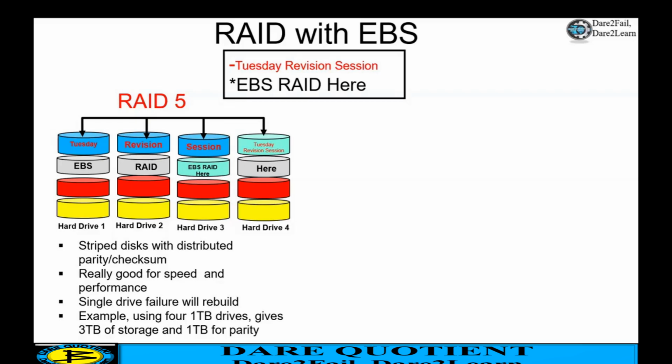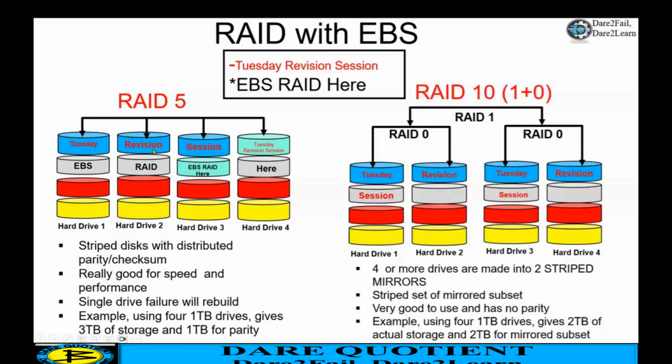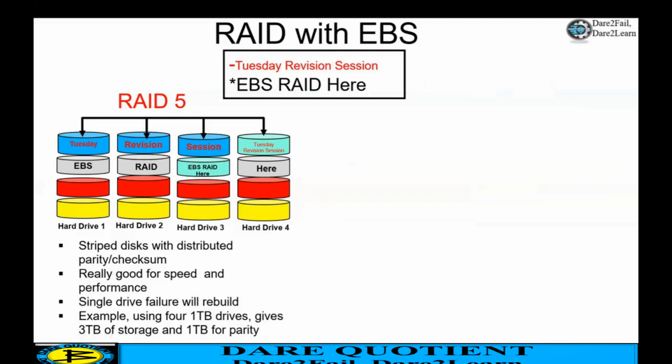So what happens is your data is split evenly among your hard drives. Let's say we have 4 hard drives in this case. Your data is split evenly between 3 of the hard drives, and 1 of the hard drives is used to store the entire data as your backup.